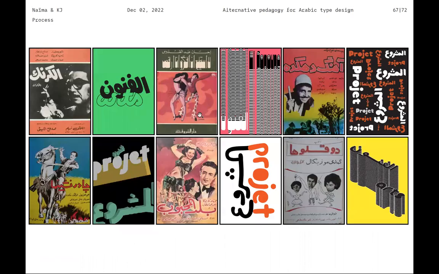I mean, the part of the archiving was also, we were discussing this, a kind of way to avoid the part where you need to come up with a brief and think about all the parameters and be at a certain level that you can manipulate these things. On the contrary, for the archives, you have the shape of the letter forms.